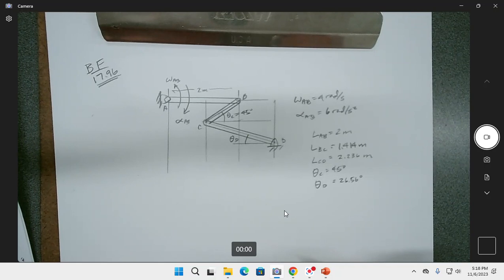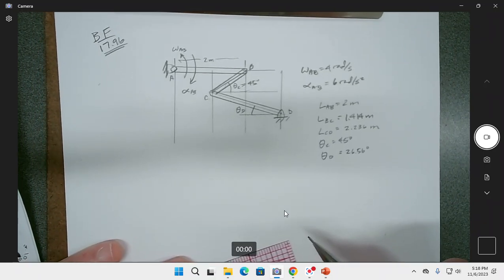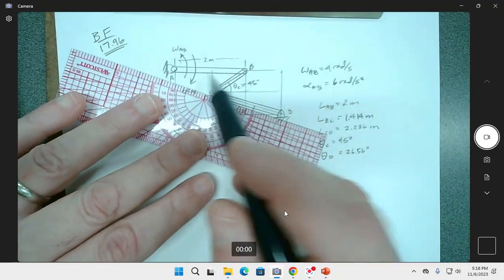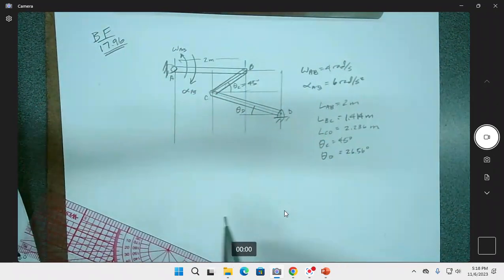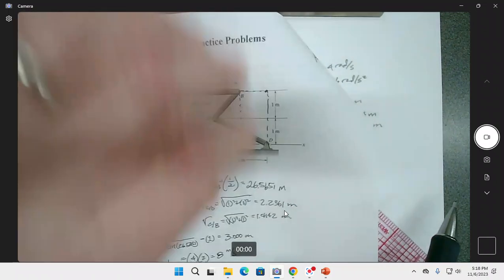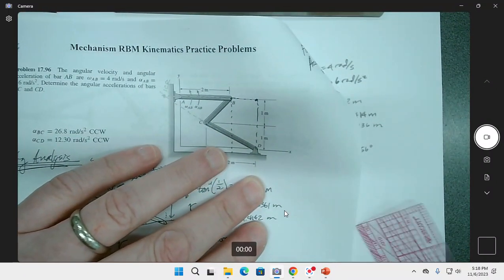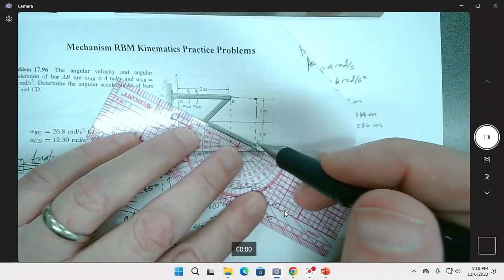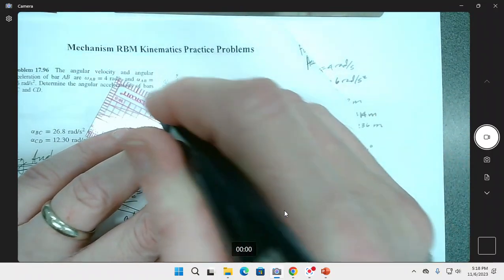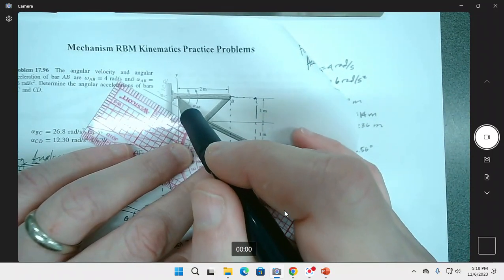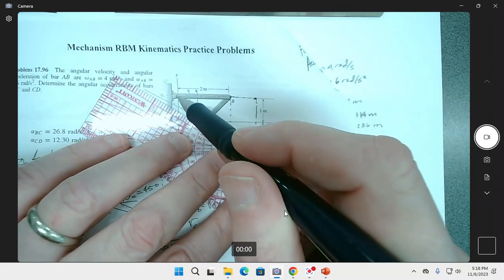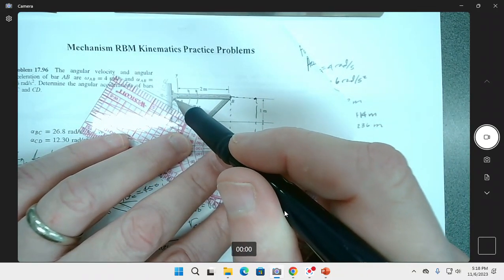So we could start with doing our ICR. And you got to be careful with the way you drew this and the way you're looking at it. Here's another peek at what the actual one looks like. If you were to extend this line, you would see that it doesn't go to there, right? So your eyes might be drawn to making the ICR that point right there.